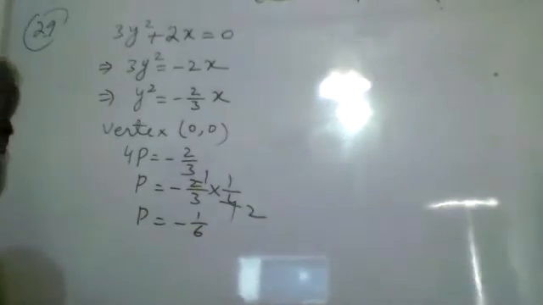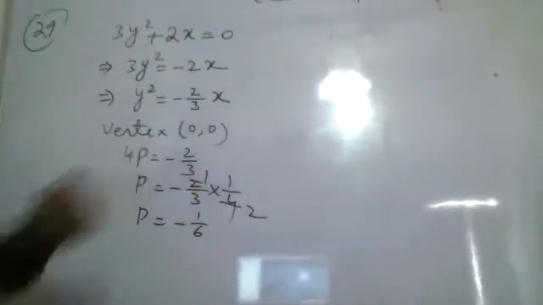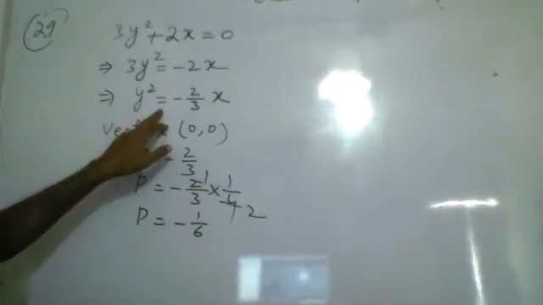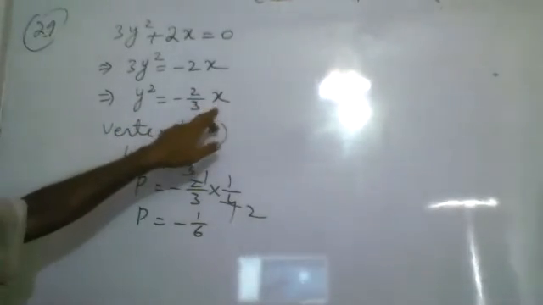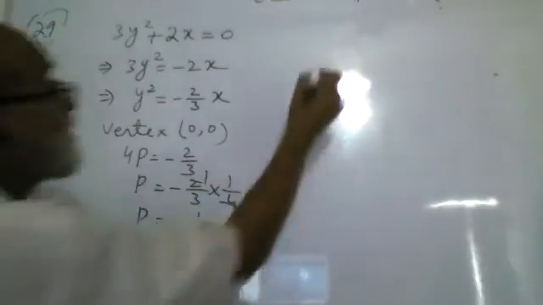This is the standard equation. So the axis of the parabola, that means the transverse axis or the axis of symmetry, will be along the x-axis. It will be on that side.